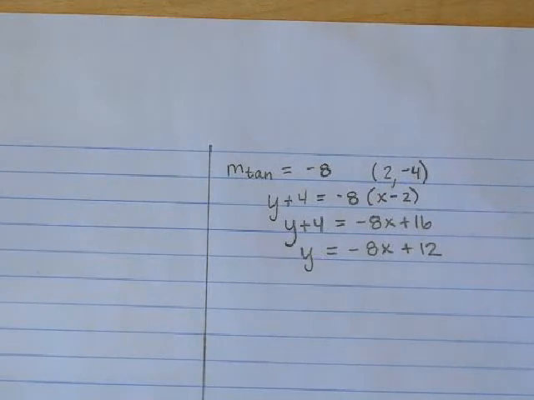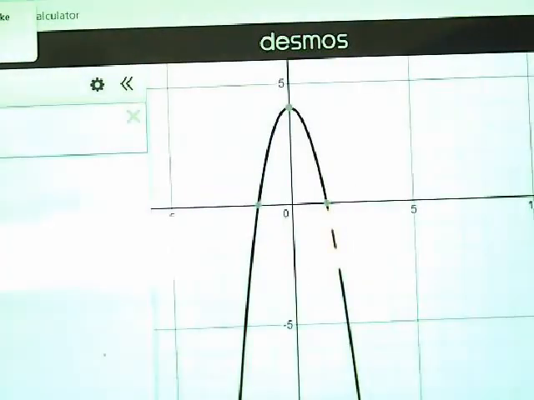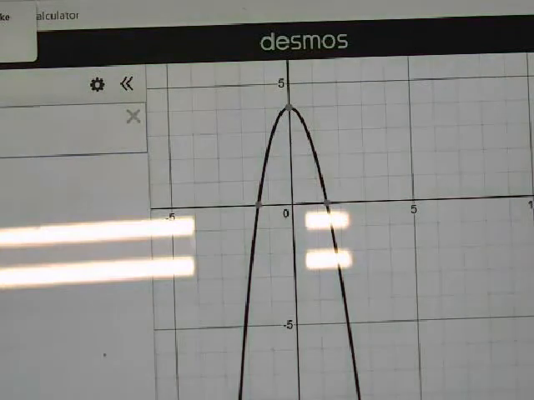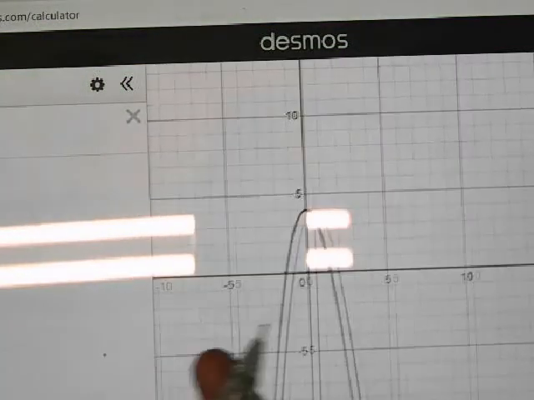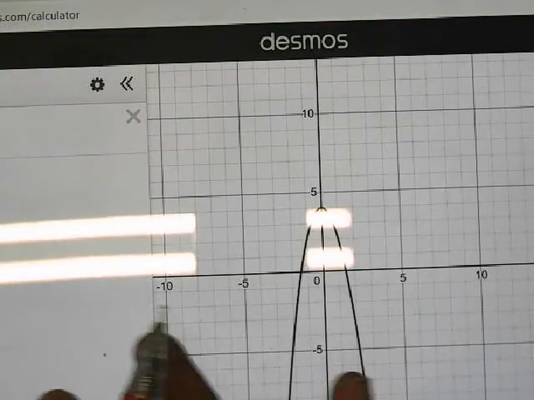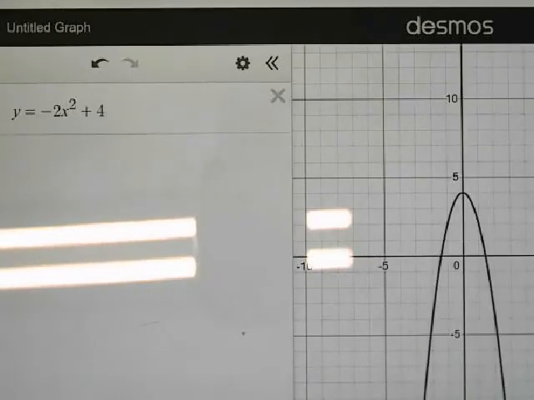Okay. Another thing that I like to do is let's just check it. Let me get another computer over here, and let's just look at Desmos. And hopefully you guys can see that. Okay, so here's the equation.